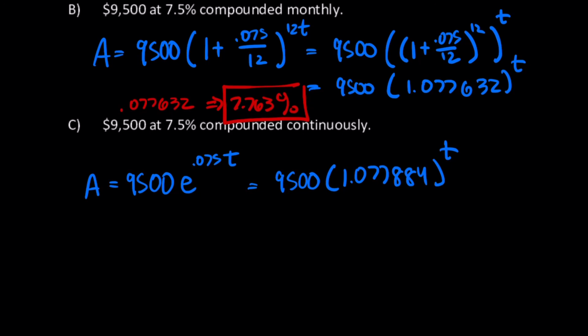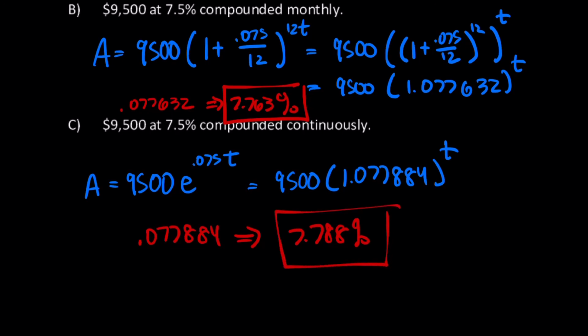So again, what I need to do is take this value, subtract 1. Okay, so that is 0.077884. Move that decimal 2 places, round to nearest thousandth. So I'd get 7.788, right? That's a 4, so the 8 would stay. 7.788% increase.